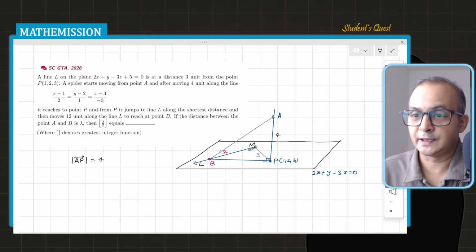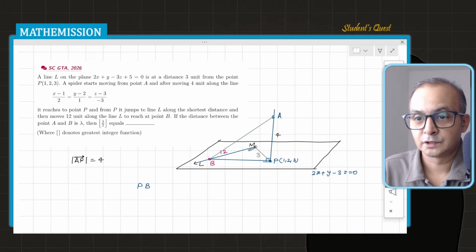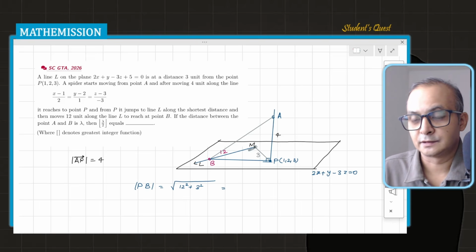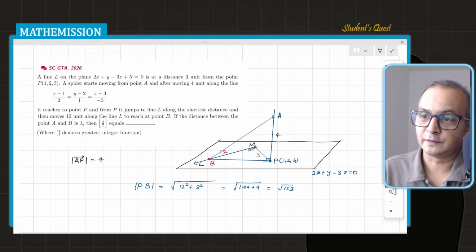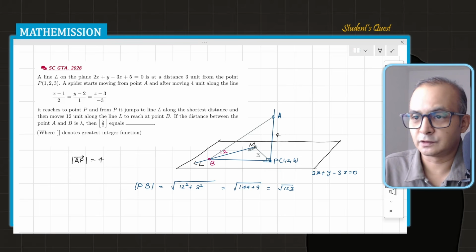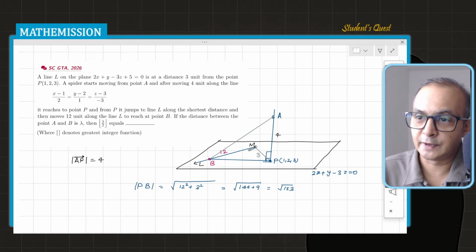So PB I can find out. PB is nothing but the square root of 12 squared plus 3 squared, that is 144 plus 9, that is root 153. So the PB length we got is root 153. Now we have to find this AB. Don't you think that this is again a right angle here, making a Pythagoras?